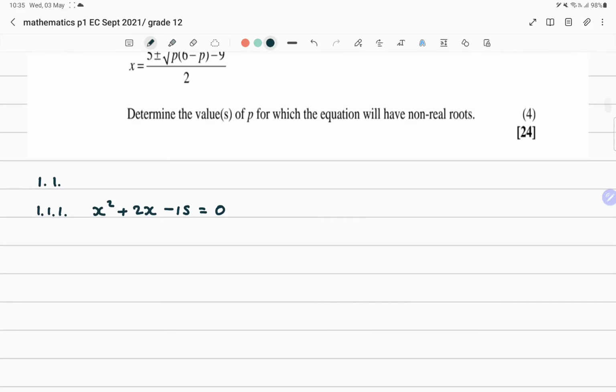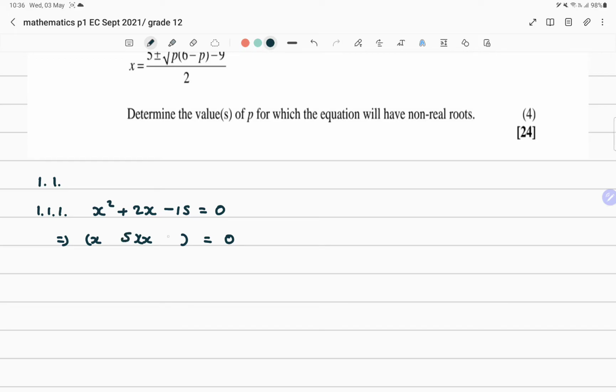And then now to solve for x here, the simplest is just to factorize this thing, which is again a grade 10 thing. You learn to factorize in grade 10. So this is x, this is x. Factors of 15 that can give us a 2. It's a 5 and a 3, right?